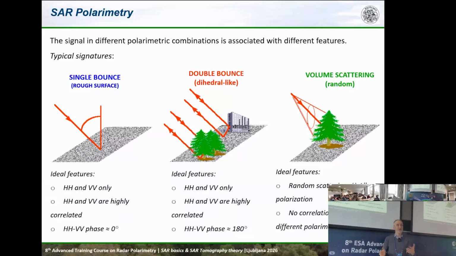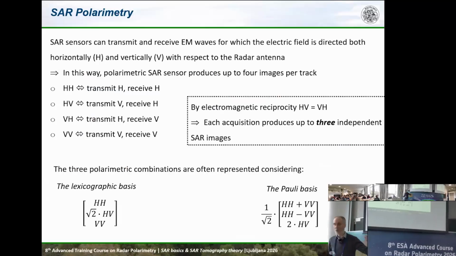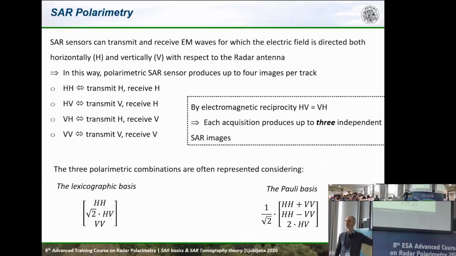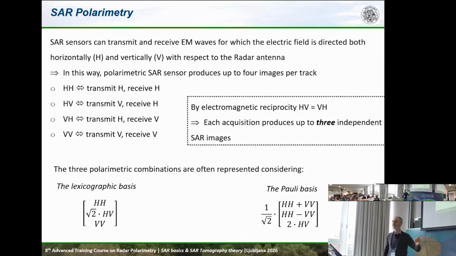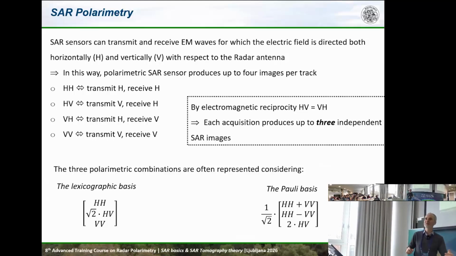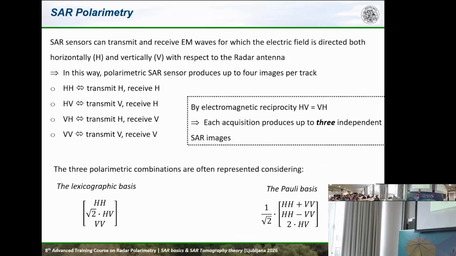And so the balance between the three components, HH plus VV, HH minus VV, or HV, is telling you something about what kind of scattering mechanism is dominant for that pixel.